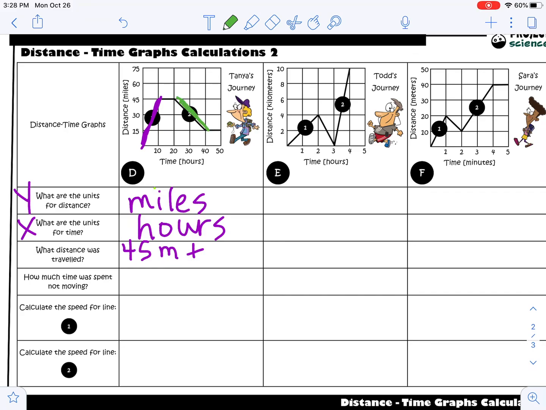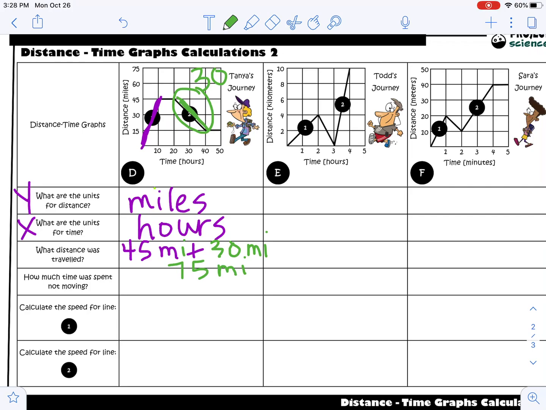What's the distance on that? From 45 to 30, that's 15, and from 30 to 15, that's another 15. So this line distance is actually 30 miles, for a grand total of 75 miles.